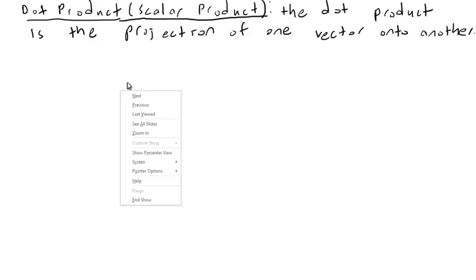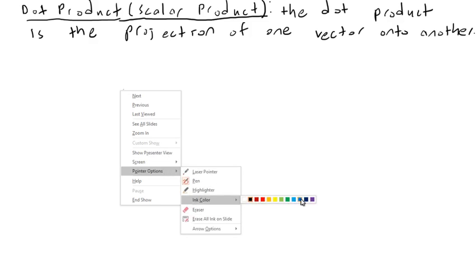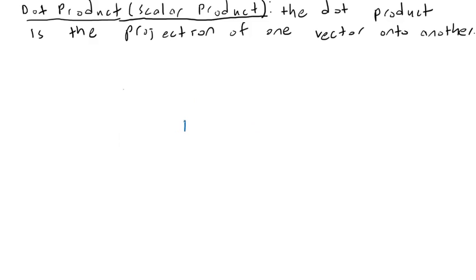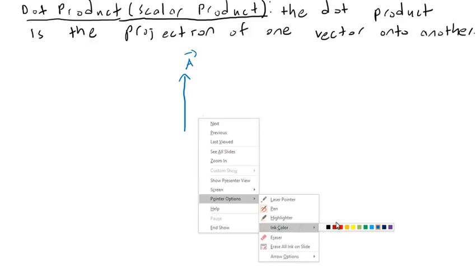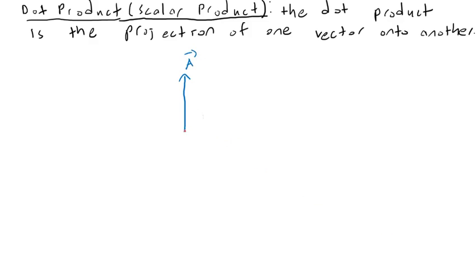What do I mean by this? Let me show you. So let's say I have vector A. This is going to be a quick and dirty graphical interpretation of dot products.